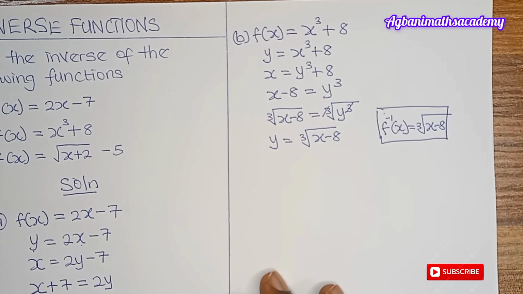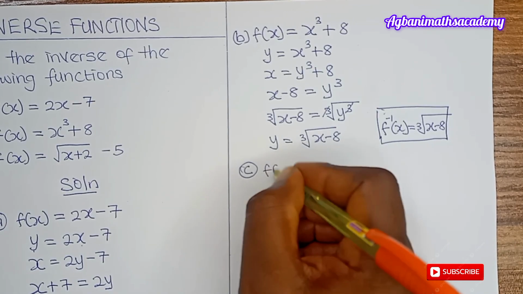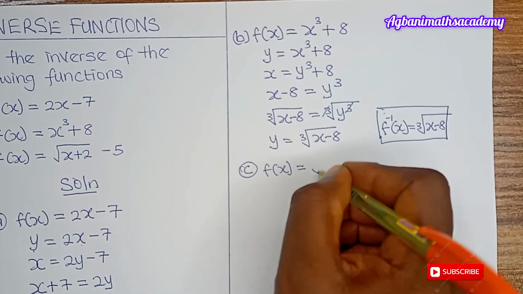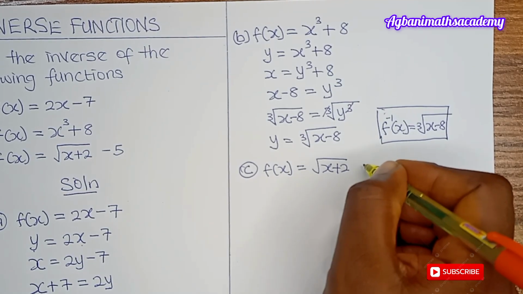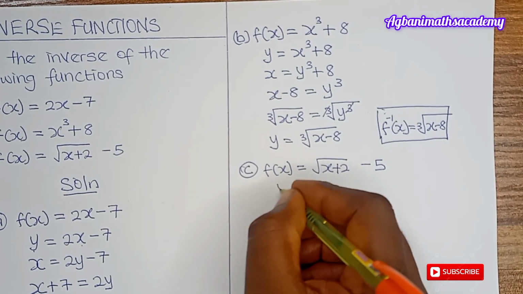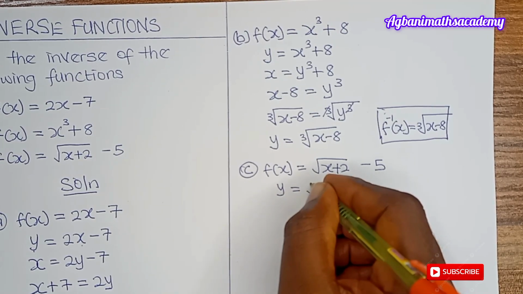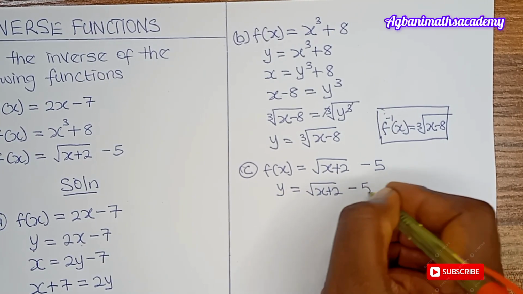Let's look at the next one, which is the last one, C. We have f of x is equal to square root of x plus 2 minus 5. So remember, f of x is y, so y is equal to square root of x plus 2 minus 5.